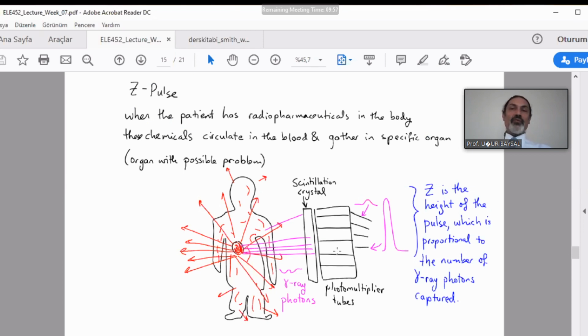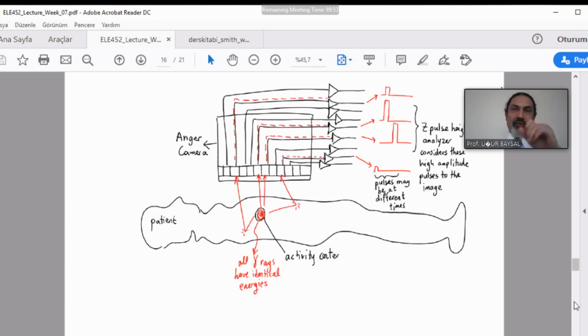If you increase the number of photons, your intensity is higher. So there's a method of Z-pulse detection, and that detection also has valuable information for the doctor or for imaging purposes. So this is another principal view of the Anger camera.